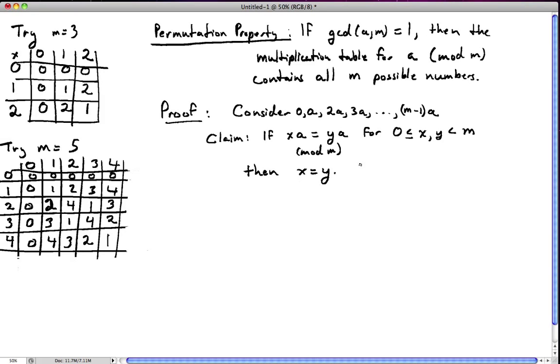So with this claim proved, we know that the only place where you can have two numbers that are the same is in fact at the same position. You can't have two numbers being the same anywhere other than the same position. So that means that we have M numbers, 0, A, all the way up to M minus 1 times A, and they're all distinct.